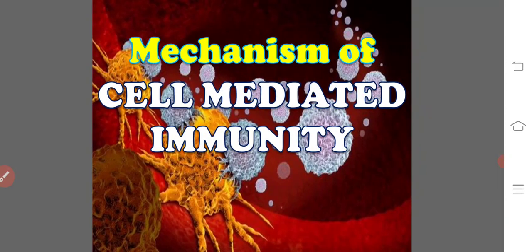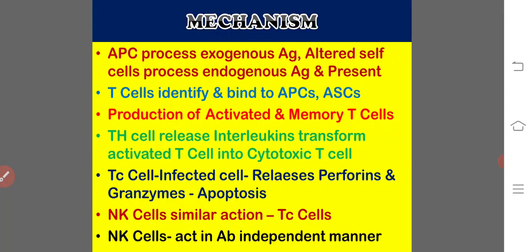And coming to the mechanism of cell mediated immunity. The mechanism of T cell mediated immunity includes the following. Antigen presenting cells, APCs, process exogenous antigens, whereas the ASCs, altered self cells, process endogenous antigens and present them to different kinds of lymphocytes.